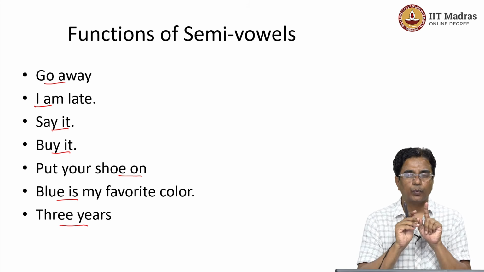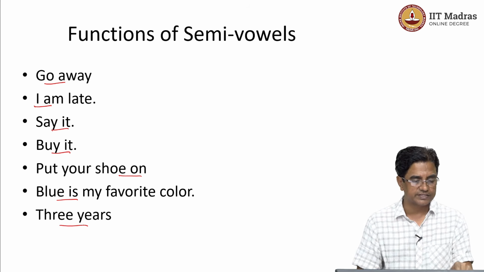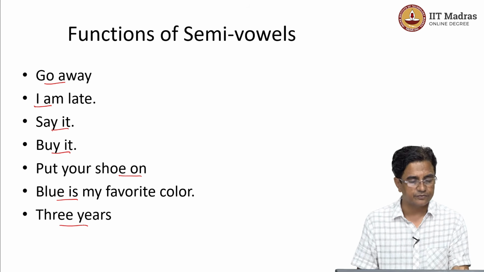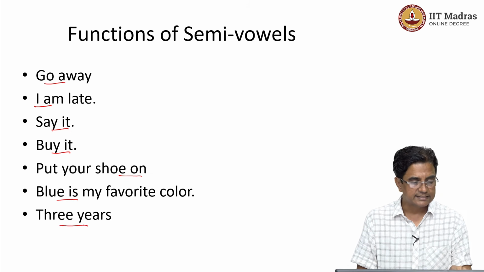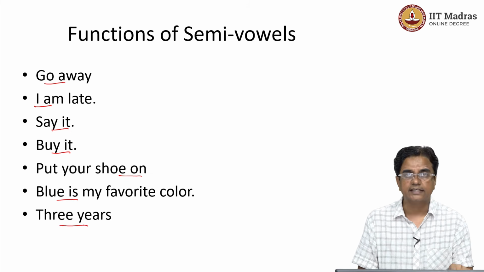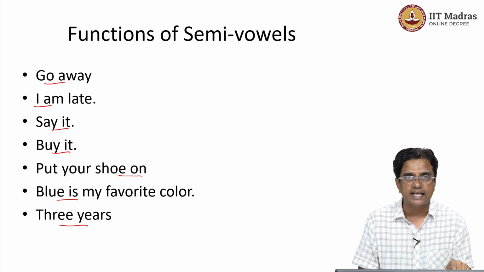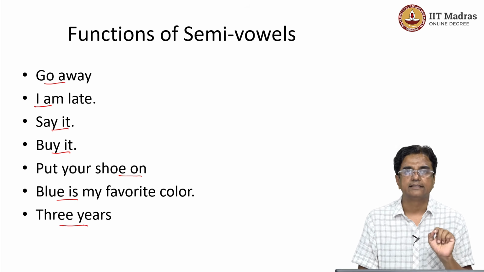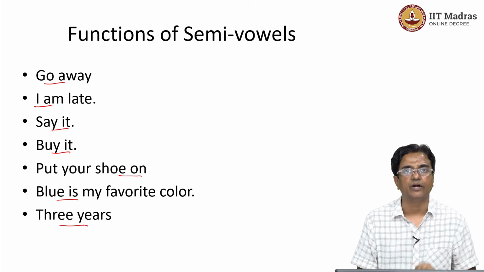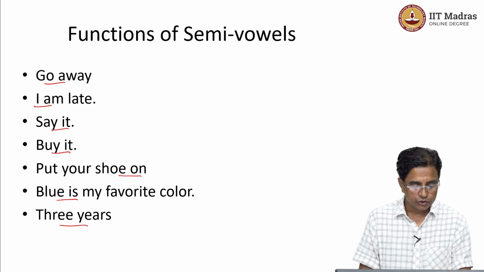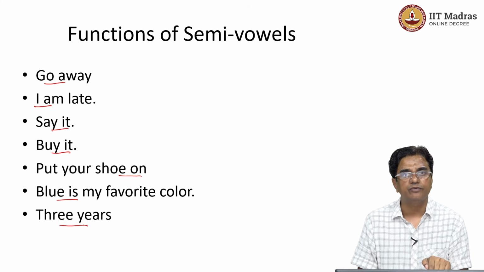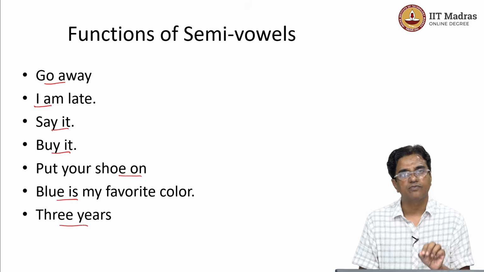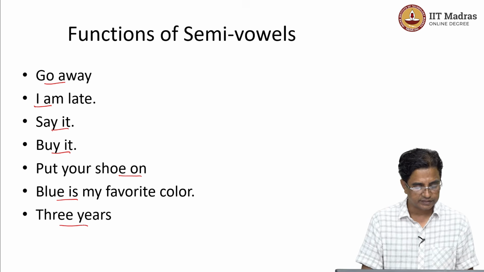So, when you have this situation, I is a vowel sound and am also has a vowel sound in the beginning of it. Say has a vowel sound at the end, and it has a vowel sound in the beginning. Shoe on. Shoe has a vowel sound at the end of the word, and on has a vowel sound in the beginning of the word.